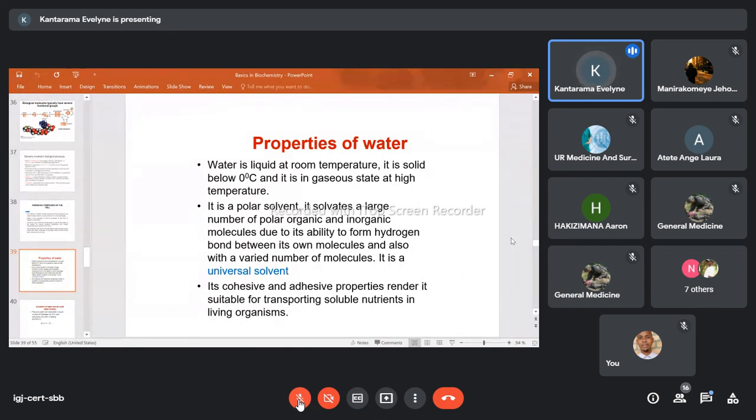Water is polar. You talk about cohesive properties of water, adhesive properties of water, evaporation heat, melting point of water. All those properties, you need to read and work on in your assignments.